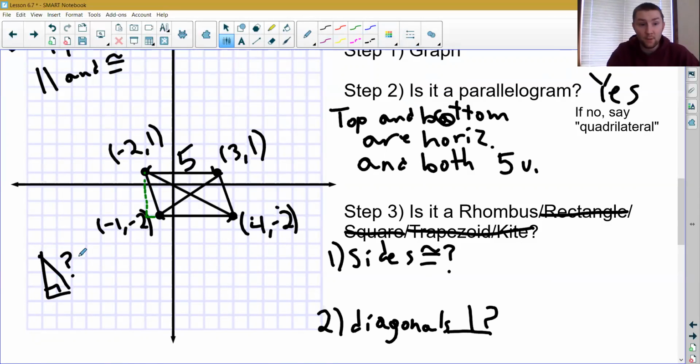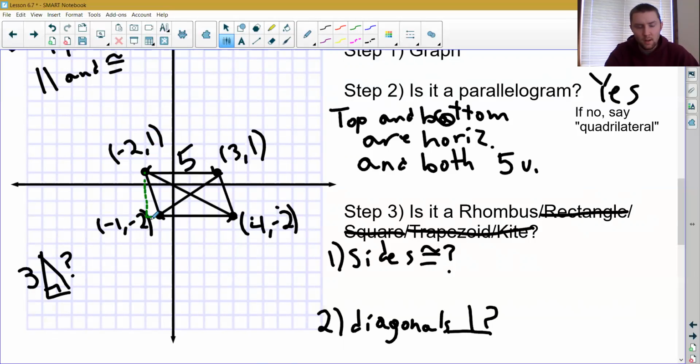So how far up and down is it from this corner point to this corner point? It goes from 1 in the y direction to -2 in the y direction. That's a grand total of 3 units. So that side's going to be 3.